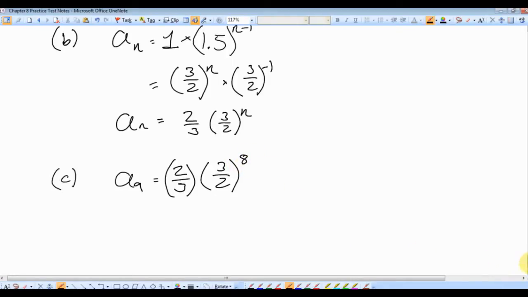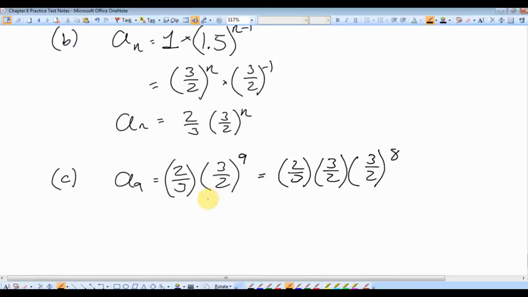Well, because then we said n, not n minus 1. You're right, to the 9th power. I could do a little bit better than that. I can have this as 2/3 times 3/2 times 3/2 to the 8th power, right?